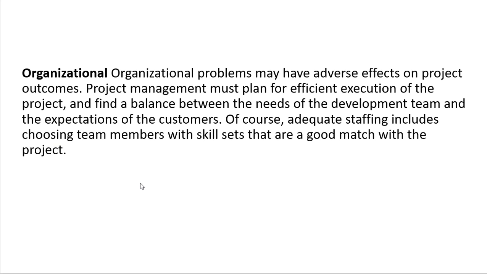The organizational risk usually means the risk exists between the managers with the development teams and the expectations of the customers.